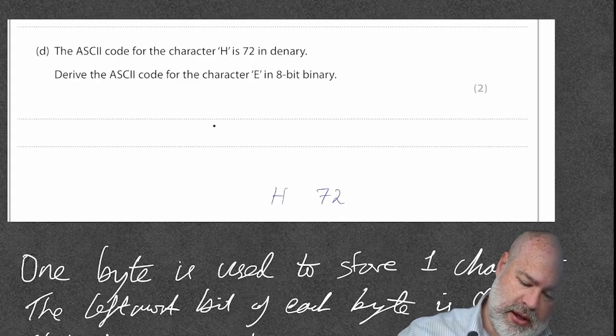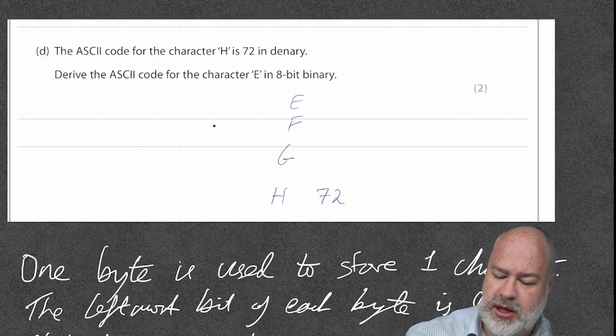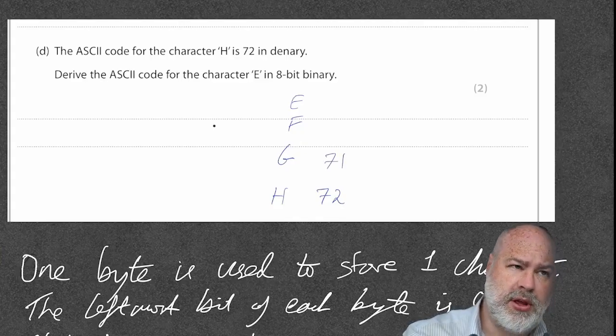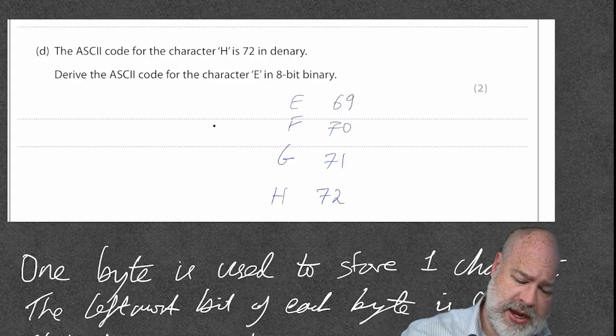Okay, so E, F, G, H is the alphabet, isn't it? So if H is 72, G is 71, F is 70, and E is going to be 69.